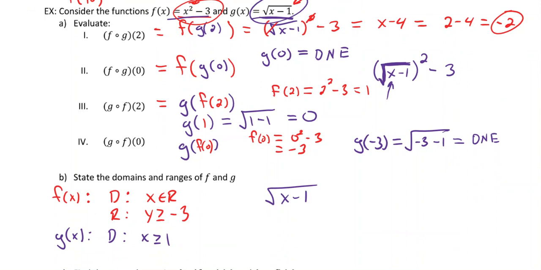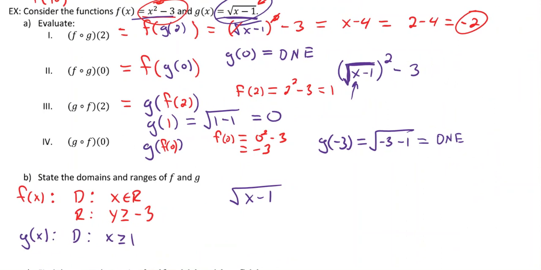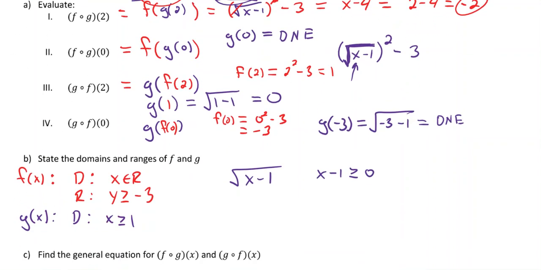What number can't you take the square root of? A negative, right? So that means x minus 1 has to be greater than or equal to 0, because it could be 0. Then just bring the 1 over. So x is greater than or equal to 1, right?